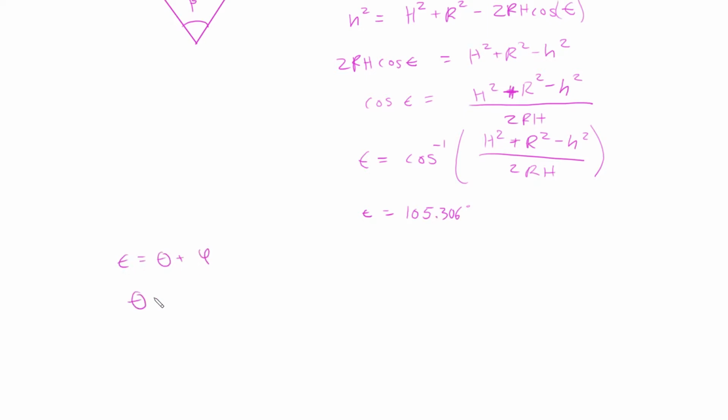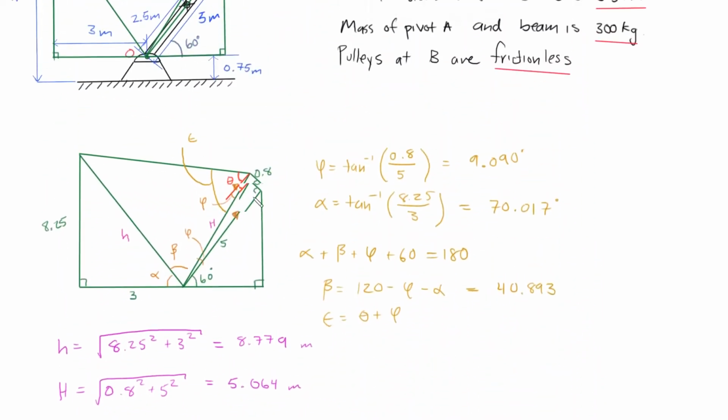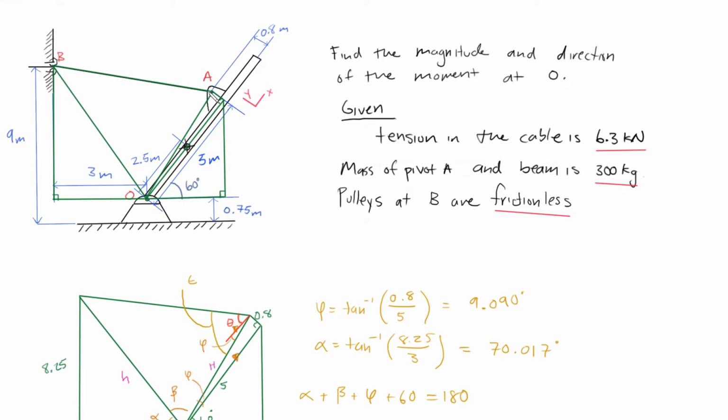So theta, which is the angle we need to solve this problem, is going to be theta equals epsilon minus phi, which is going to be equal to 96.216 degrees. So we have our angle theta defined in this diagram, which is going to be right here somewhere. This is going to be our angle theta. This line is parallel to the x-axis as we defined earlier.